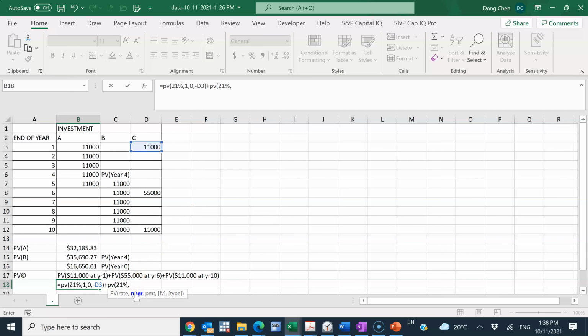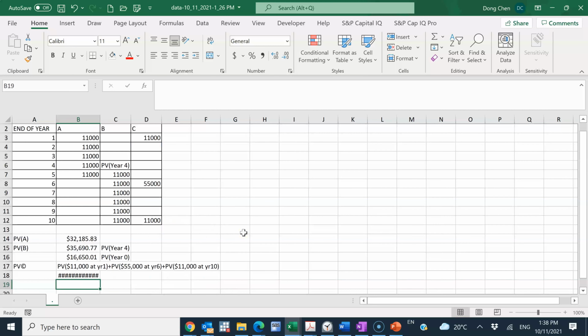It's 21%, and this is at year 6. So just put 6 there, 0 for the annuity payment, and then negative $55,000. Continue: PV again, open, 21%. And the last cash flow is at year 10. So that's 10 and 0, and then negative $11,000.